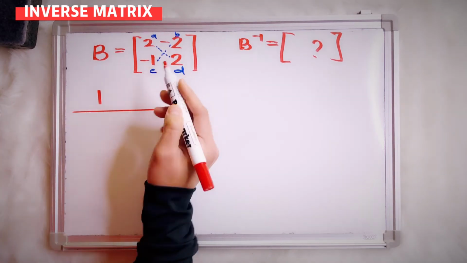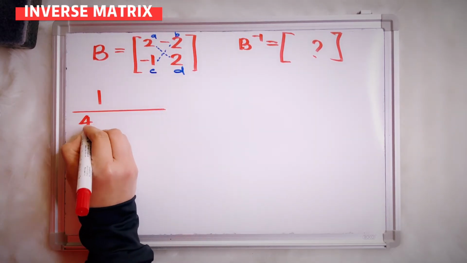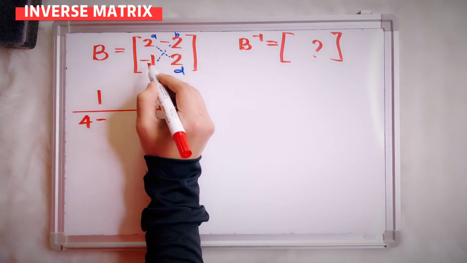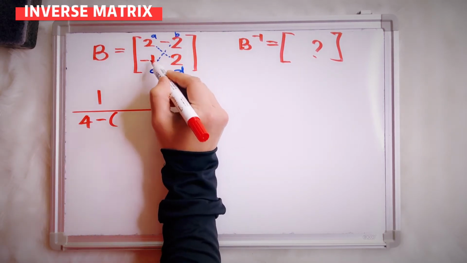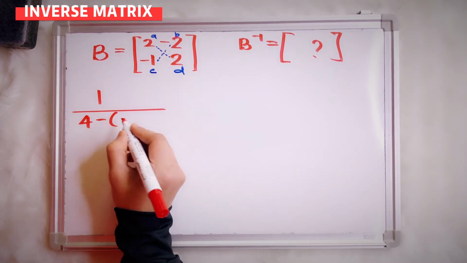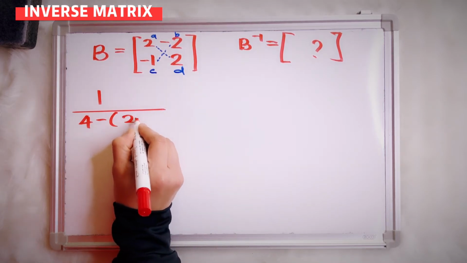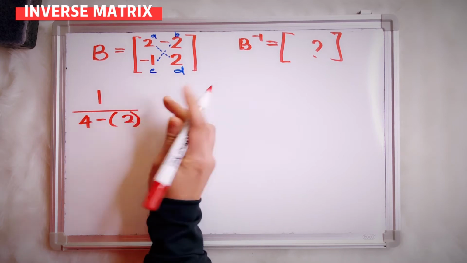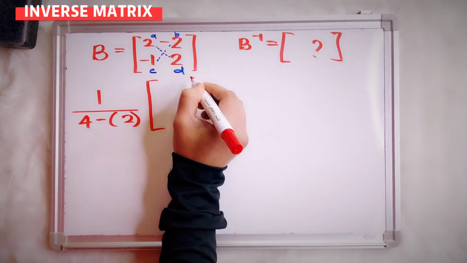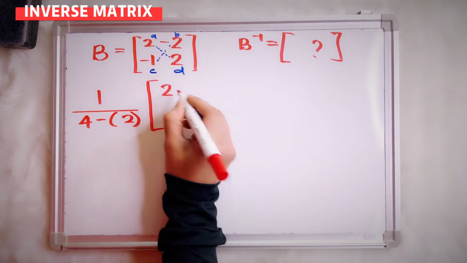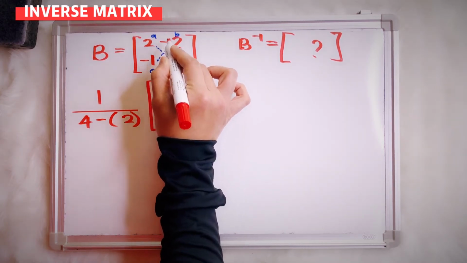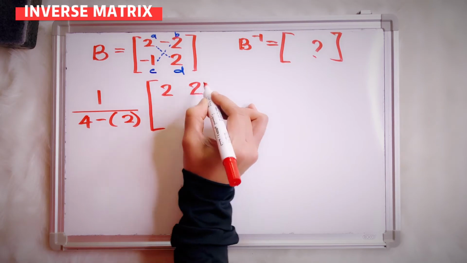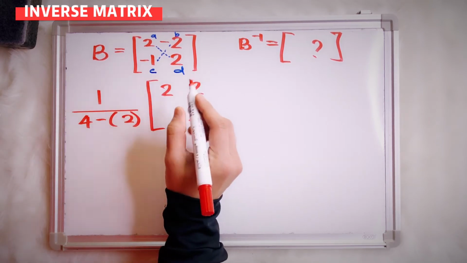So 2 times 2 is 4 minus 2 times 1, negative 2, negative 1, so means 2, correct? So switch. So here is 2, so here also 2. So negative and negative positive. Here negative and negative positive.